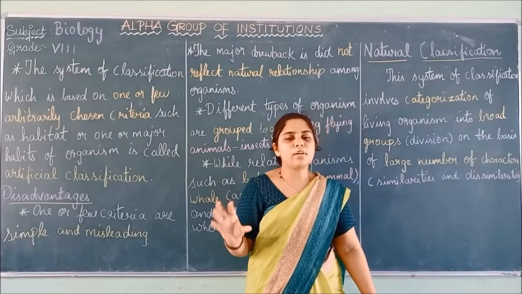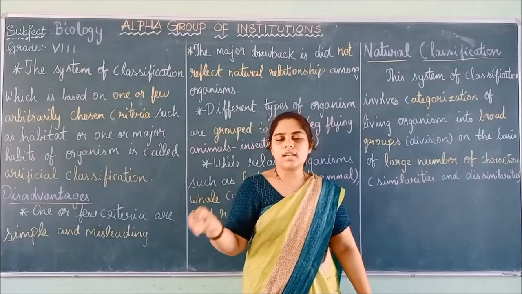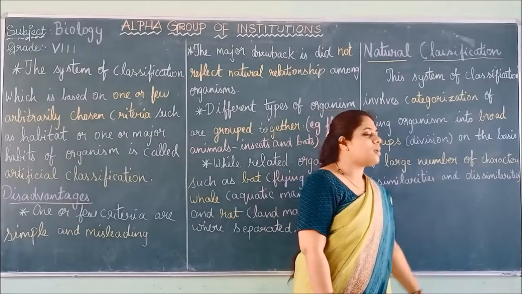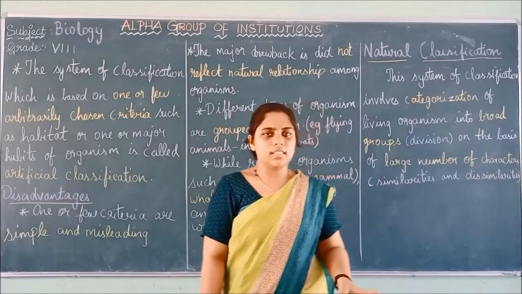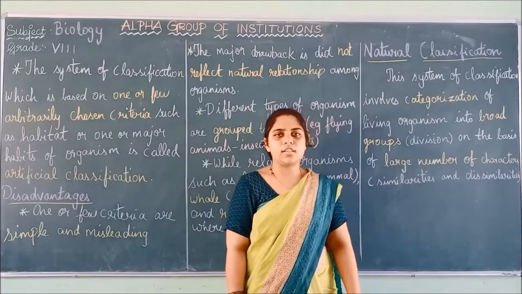Here many characters are taken, and based on that all the organisms are classified. So based on the similarities and dissimilarities, all the organisms are classified. So this is all about natural classification.